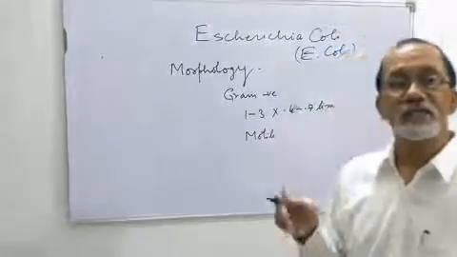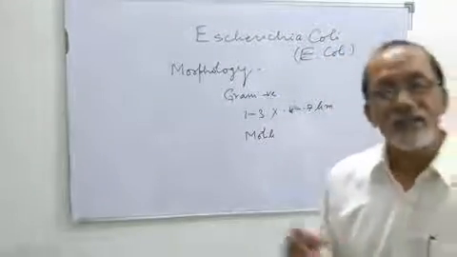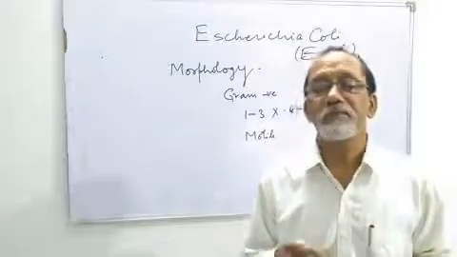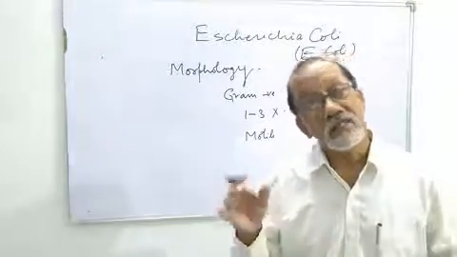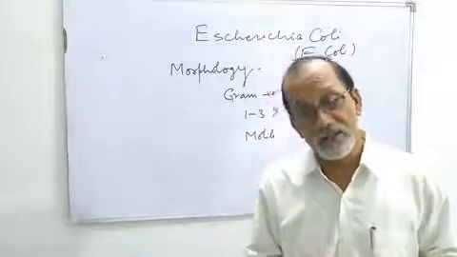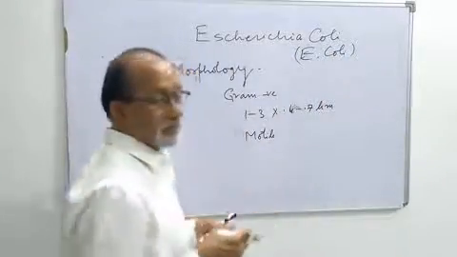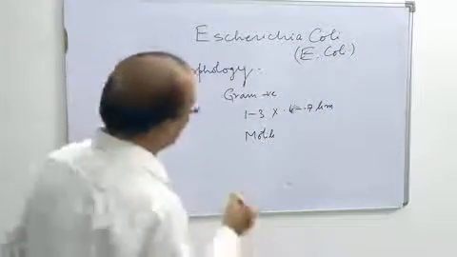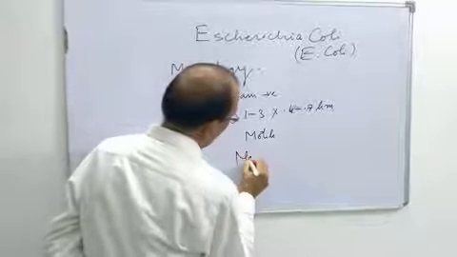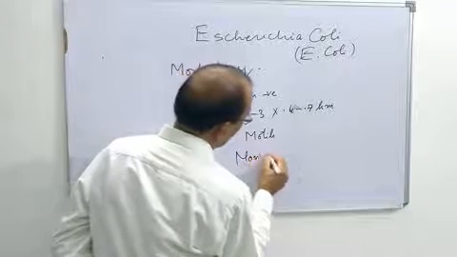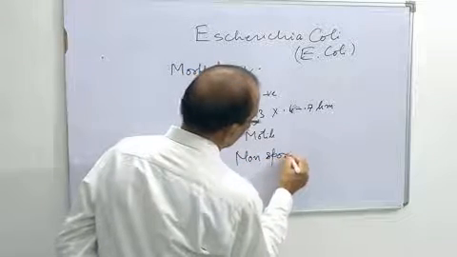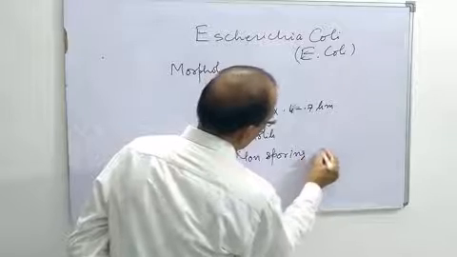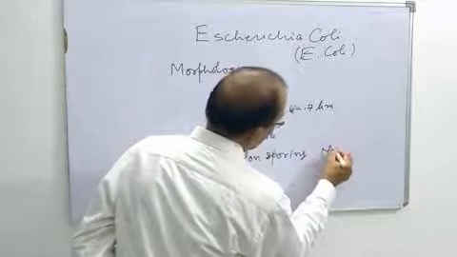Fimbriae and capsules are found in some strains of this E. coli, and they are non-sporing and non-capsulated.